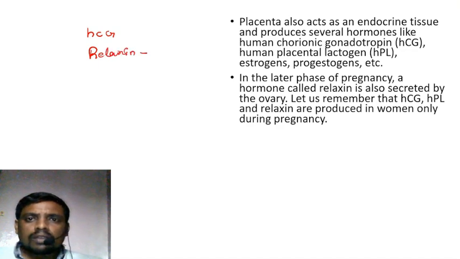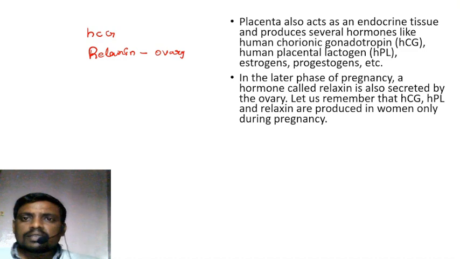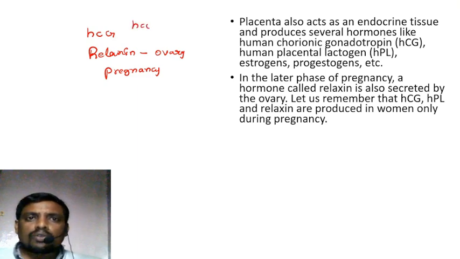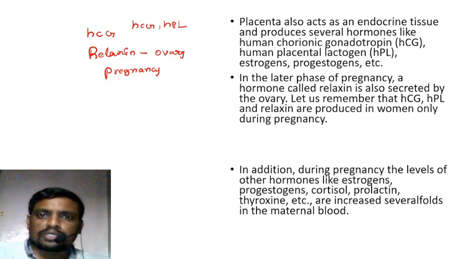Relaxin is also secreted by the ovary. Let us remember that relaxin is produced in women only during the time of pregnancy. Along with relaxin, other hormones like human chorionic gonadotropin and human placental lactogen are also produced.